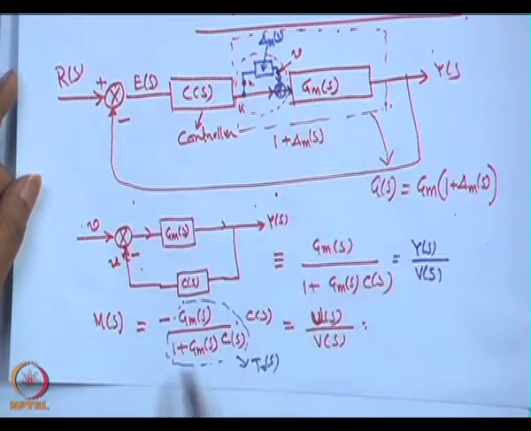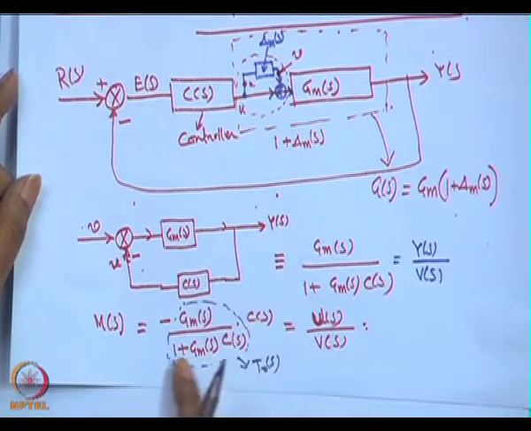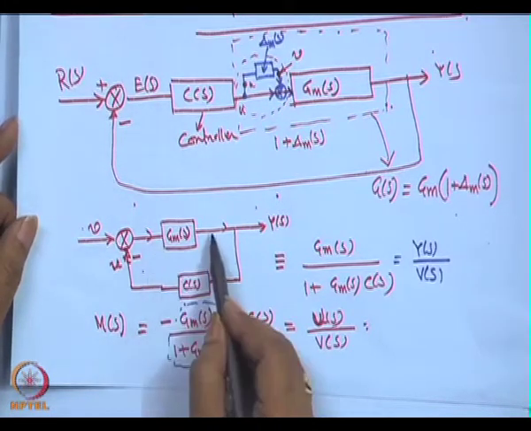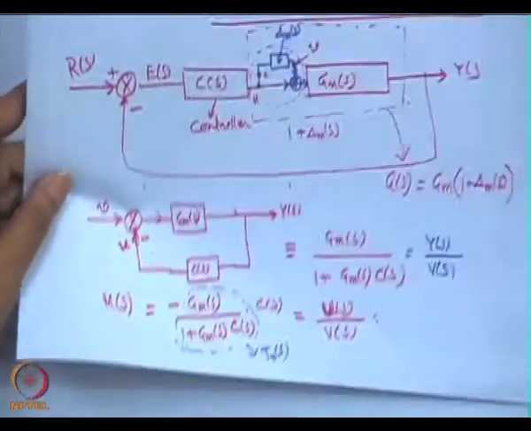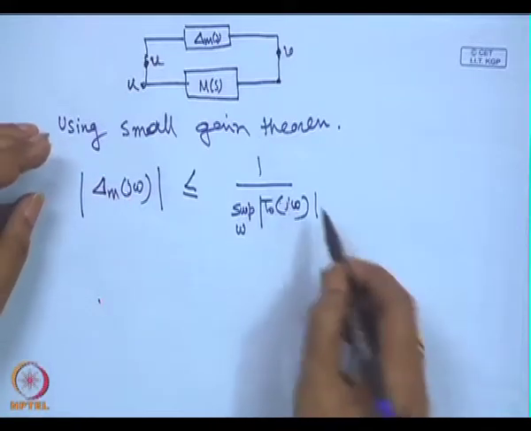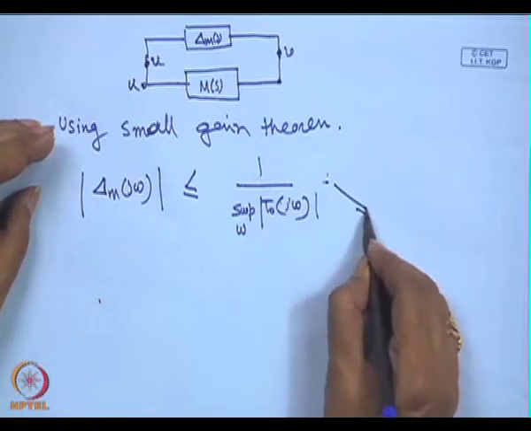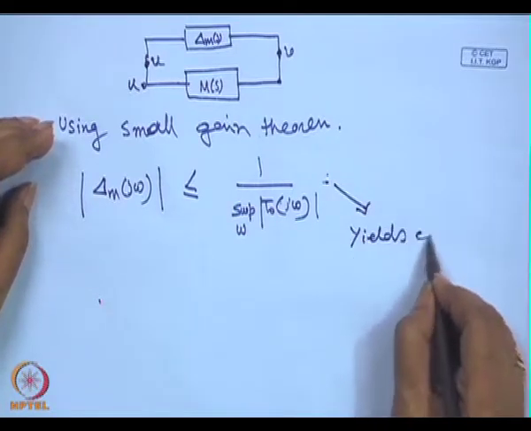Agree? The loop transfer function is G m, G h into C s, plus this. You have to minimize. Again this quantity yields conservative results.